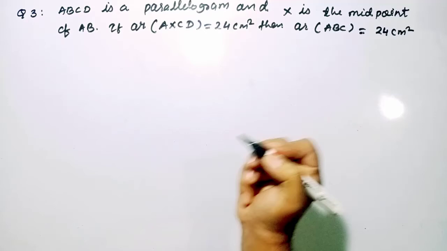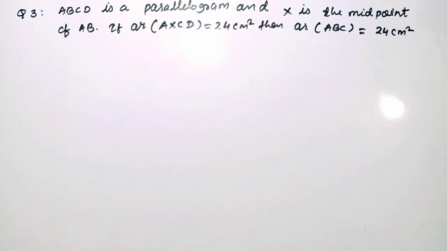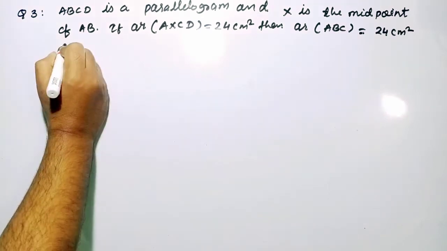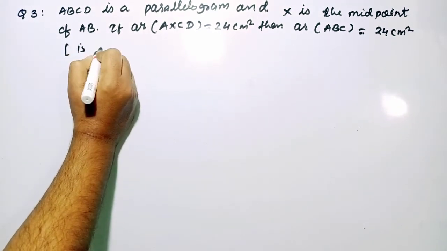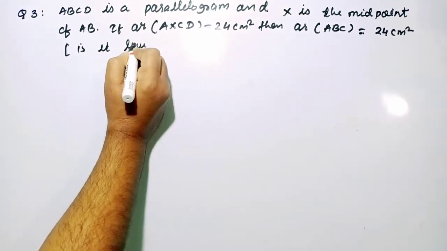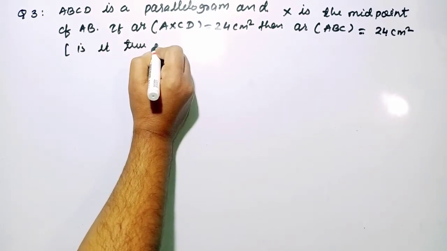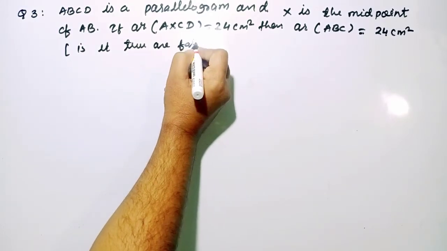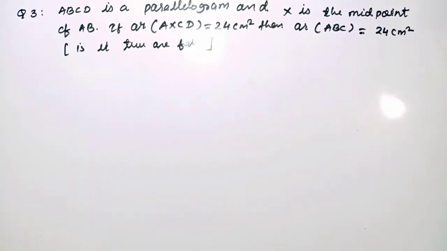Here we have to verify, means we will check whether the given statement is true or not, because it is not directed what we have to find out. It means we have to check whether the area of ABC is 24 centimeter square or not.